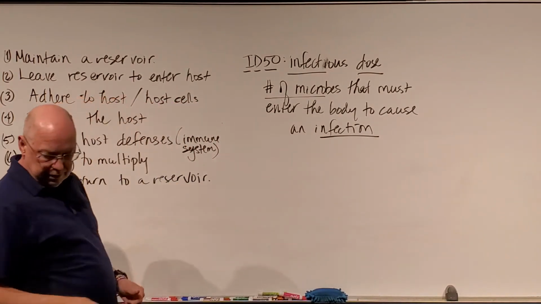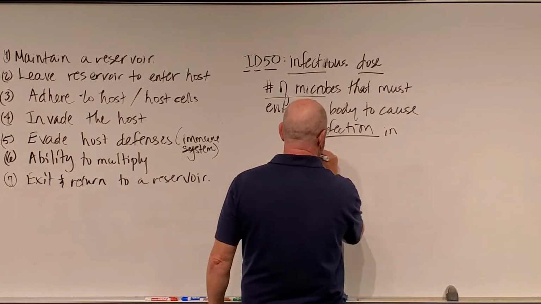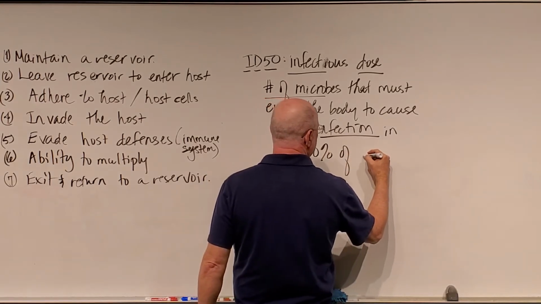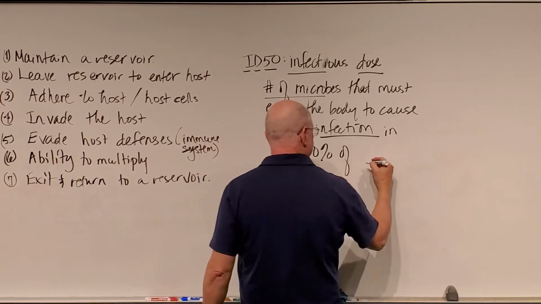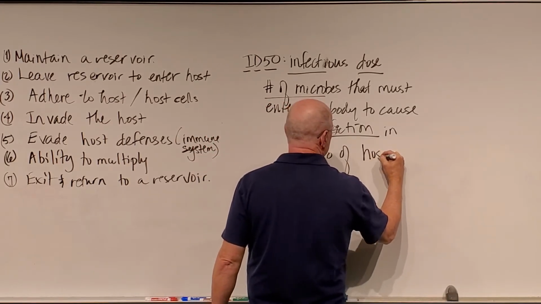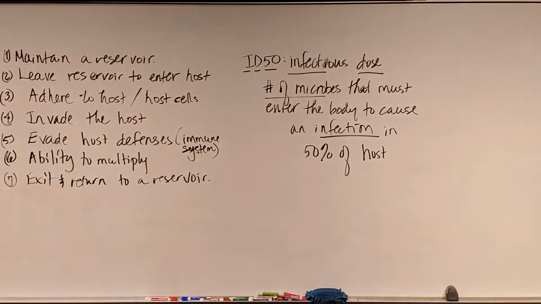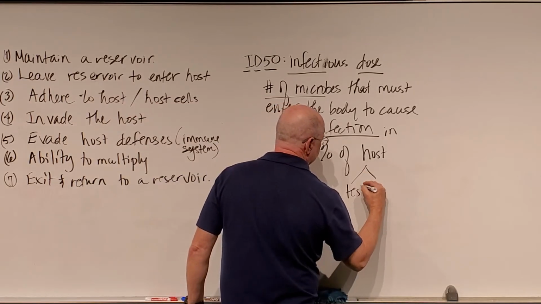Okay, I should say, and 50% of the, I'll say host, but really very often what you do is you're actually looking at test animals, okay? The host is usually what we would call a test animal.